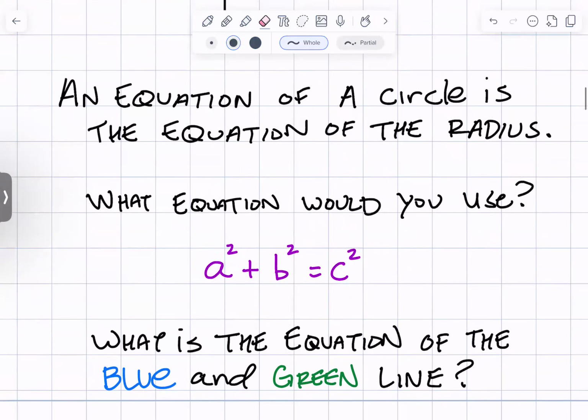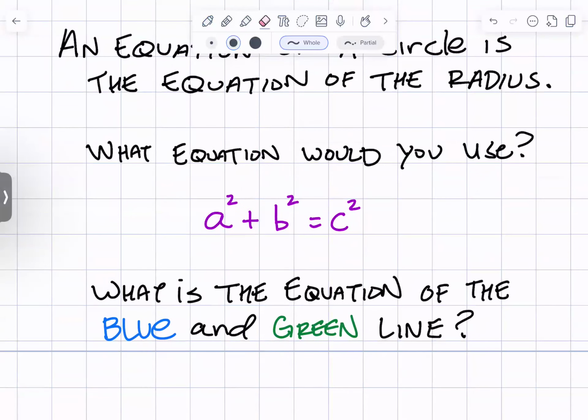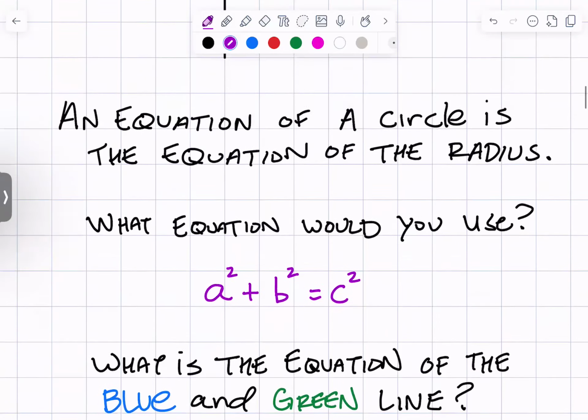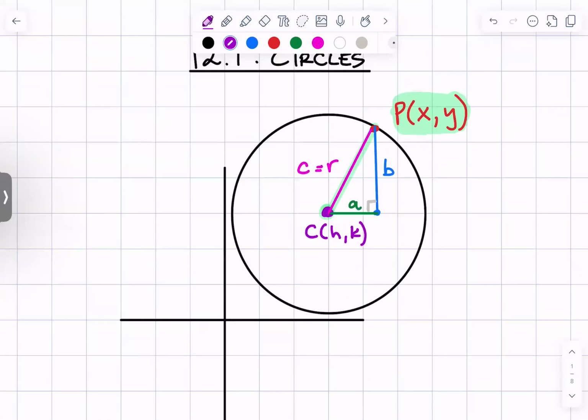Okay, so in that triangle or in that circle, the question now changes. If we're going to use this equation, the Pythagorean theorem, A squared plus B squared equals C squared, what is the equation of the blue and green line? Or my A and my B. How would we get my A and my B if this point here in red is point P, and this point here, my C, my center, is H comma K?